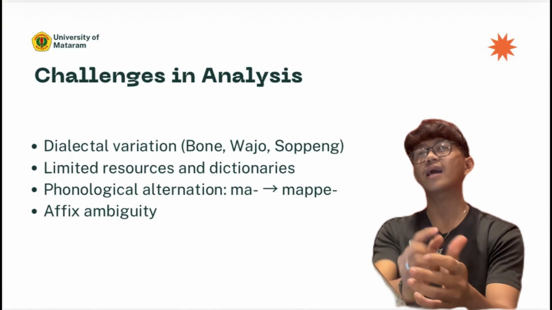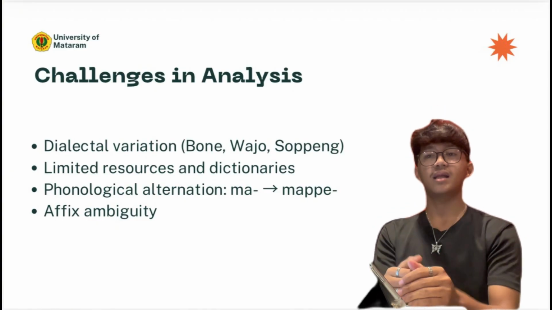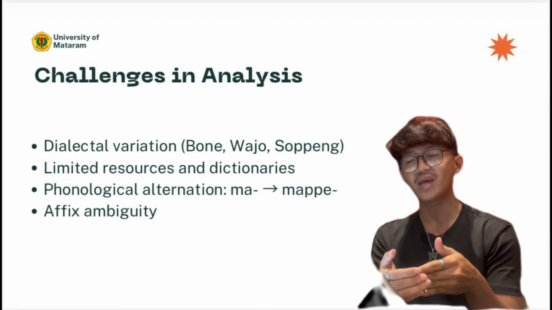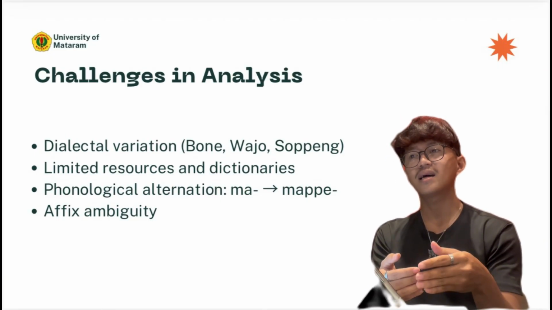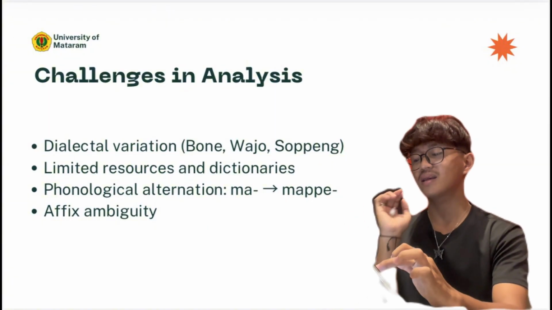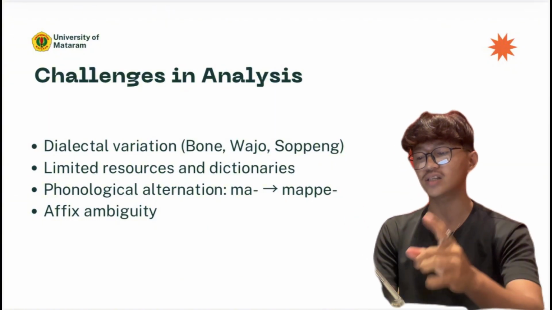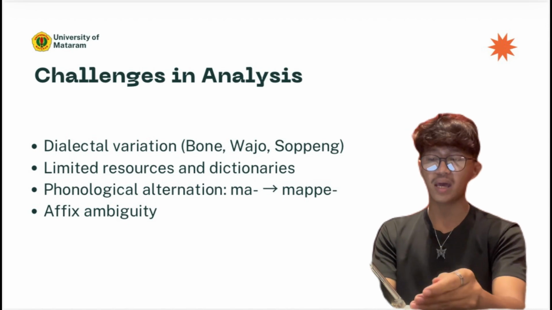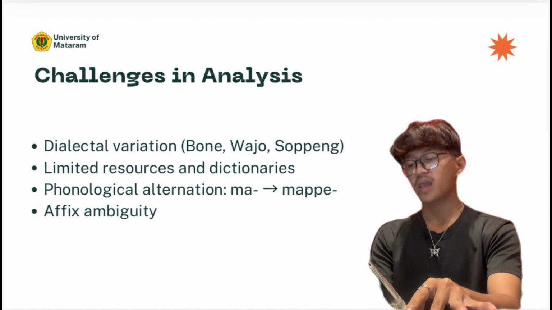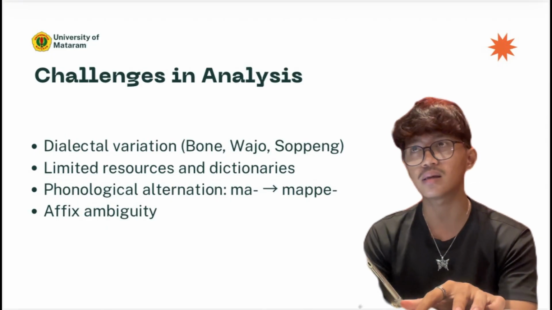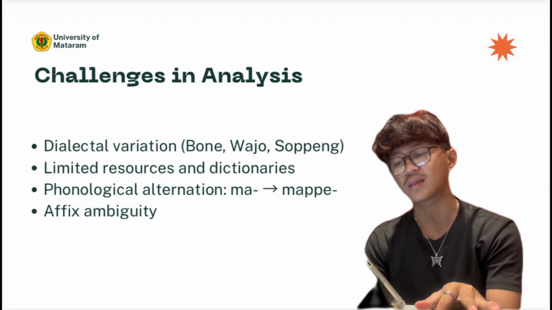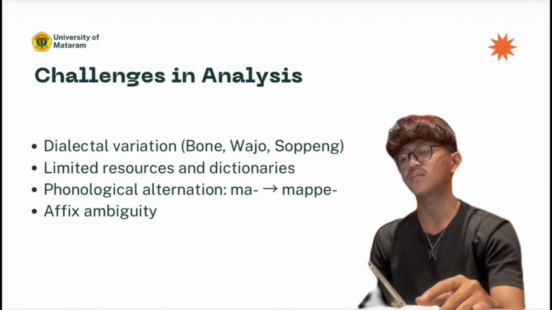As I already mentioned earlier, texting my friends took time, and they don't always reply fast. The third one is phonological alternation, like ama to mape. And the last one, the fourth, is affix ambiguity. Yeah, I think all of that is new for me to hear, because I'm from Sasak, from Lombok.